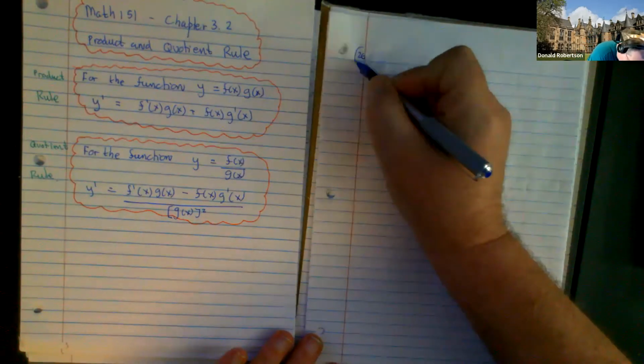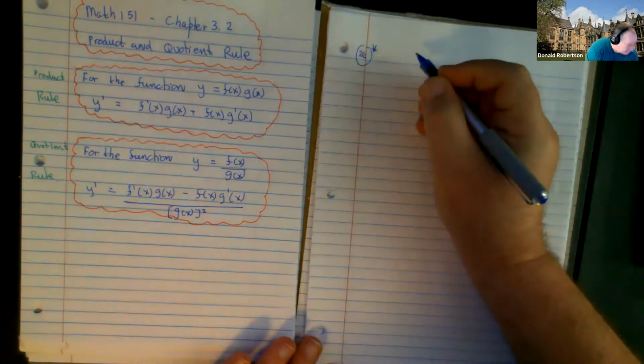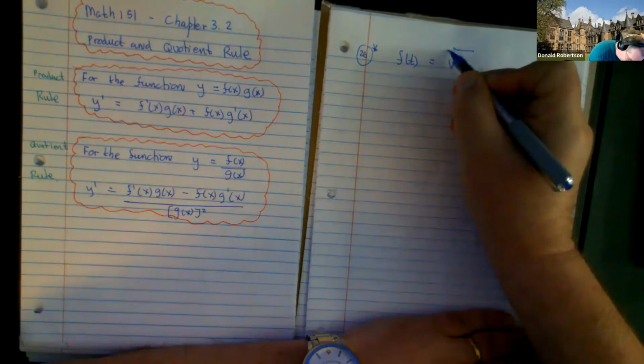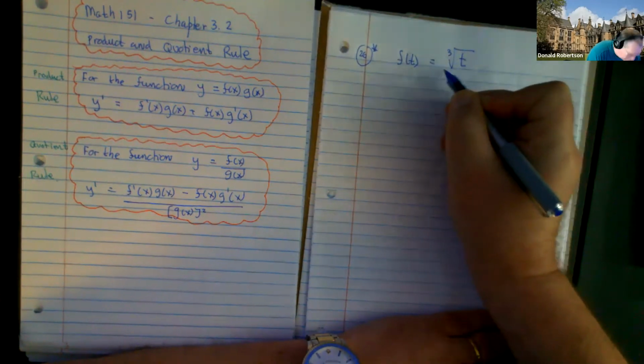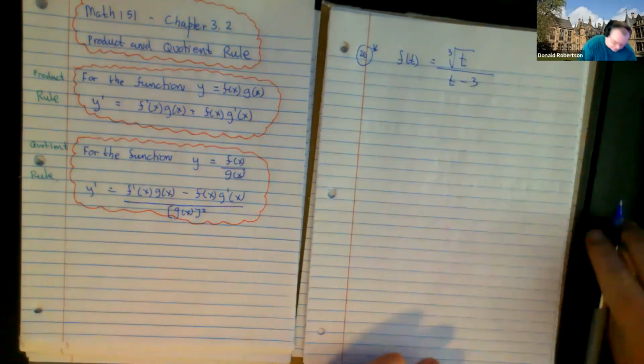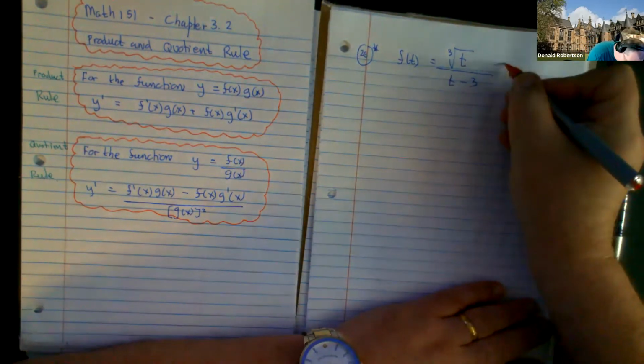I'm looking through here. Yeah, I guess I need to do this one because I don't think we've quite done one like this. We've done a lot of square roots. We haven't done that many cube roots yet. So here's another quotient rule.